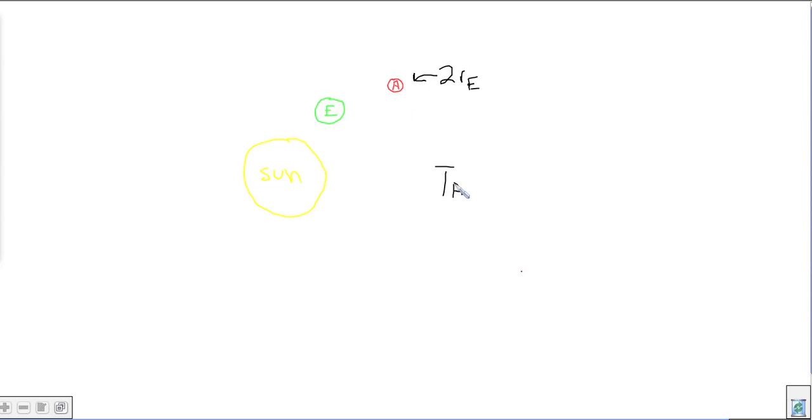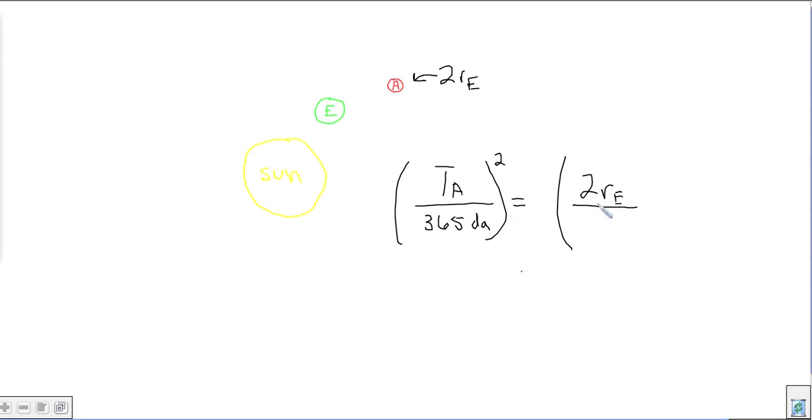We want to know the period of the asteroid, so let's call it the period of A. We know that the period of Earth going around the sun is 365 days. If we take that squared and set that equal to the radius of the asteroid, which is 2 times the radius of Earth, cubed, I can cancel the radius of Earth. 2 cubed is 8. So that equals 8.